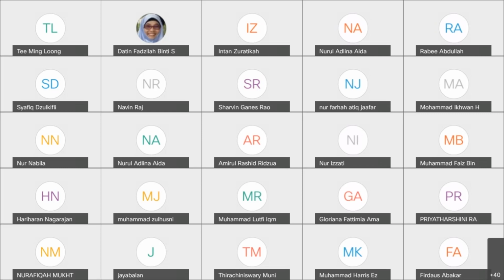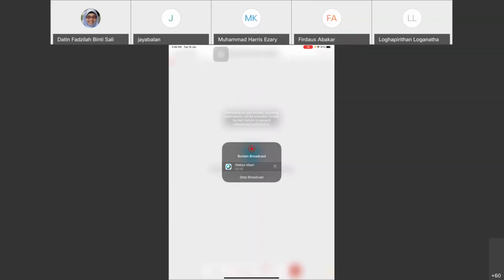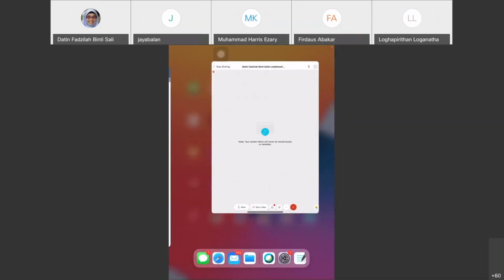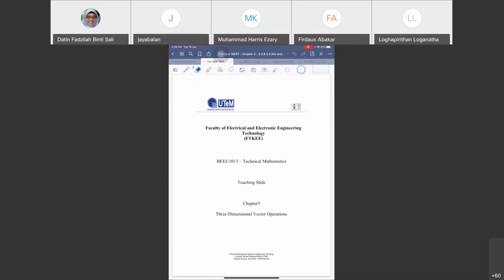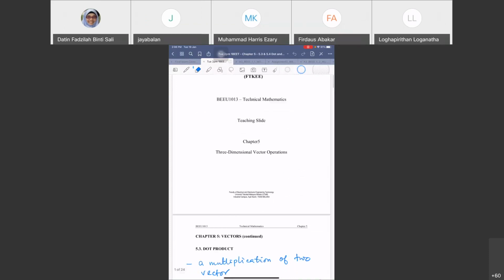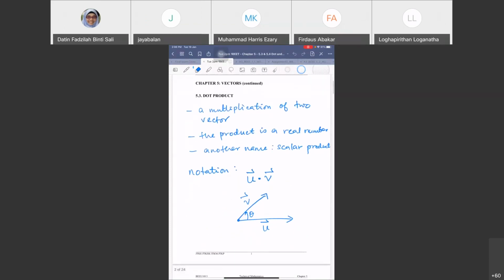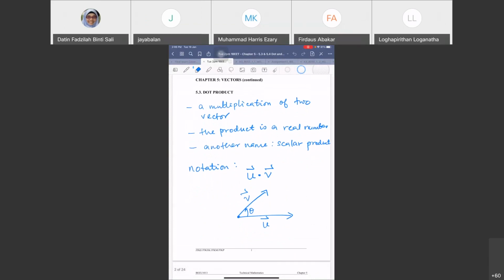Okay, let me just share the content. Just to recap whatever we have learned last week, we talked about one type of vector multiplication, which is the dot product.